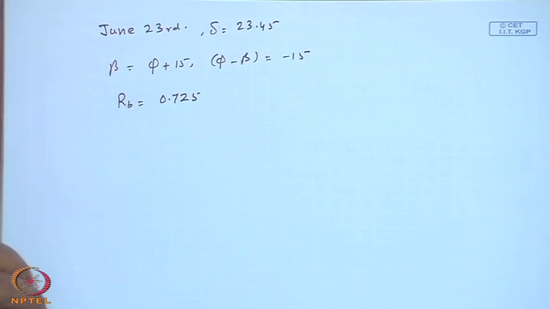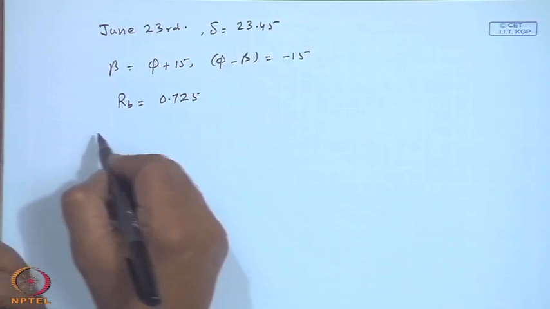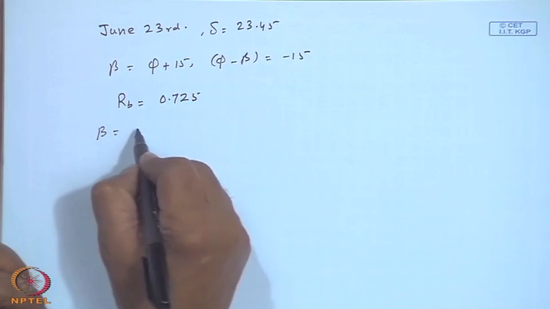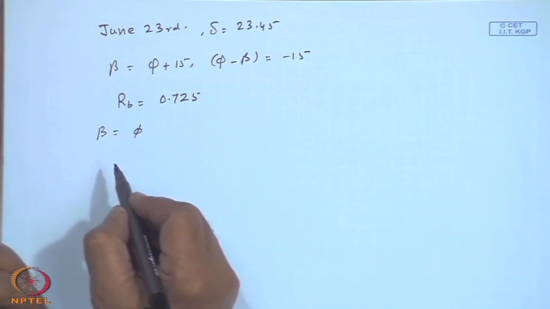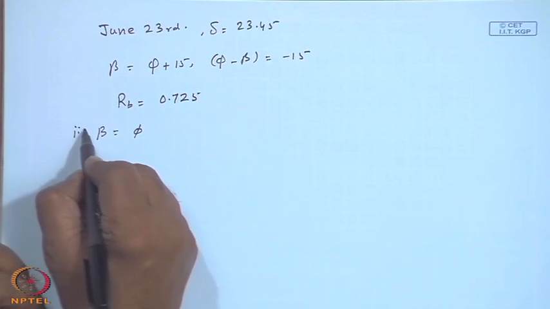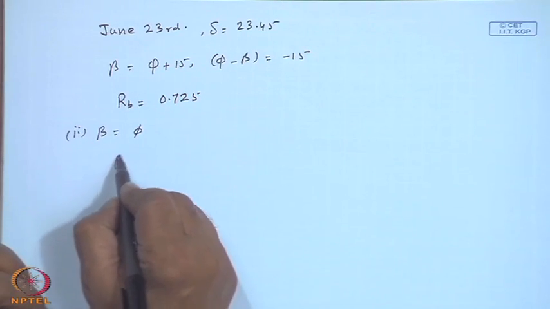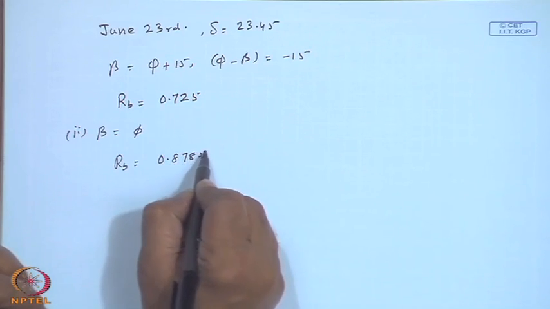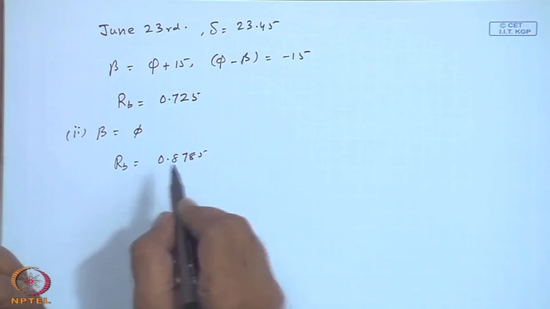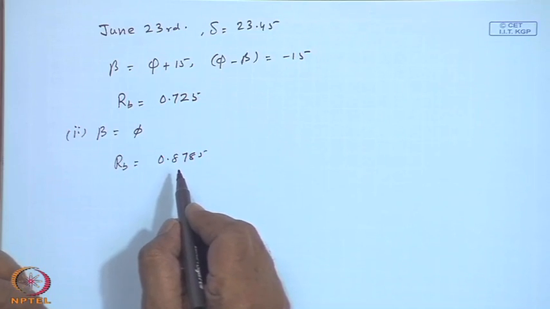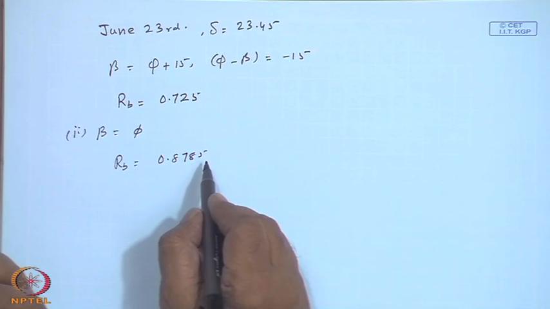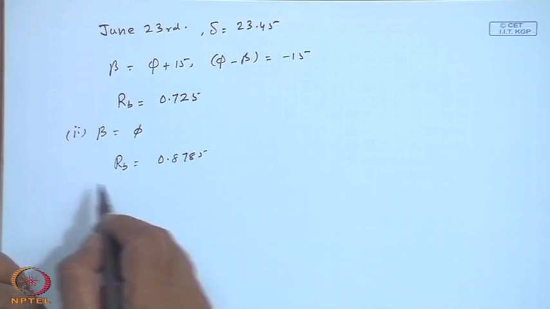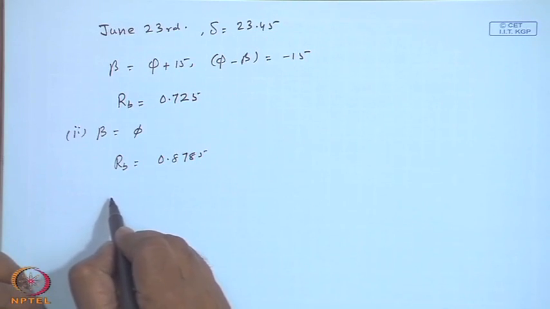We have gone through these numbers, and I am just repeating for some reason, which you will come to know towards the end of this problem. And for the second case of beta equal to phi, you have RB slightly better, 0.8785. Please go through the arithmetic calculation, a simple relation, which we have done in detail last class.